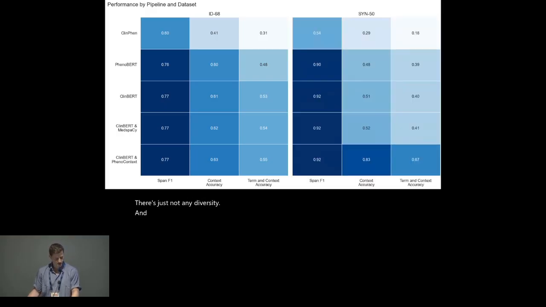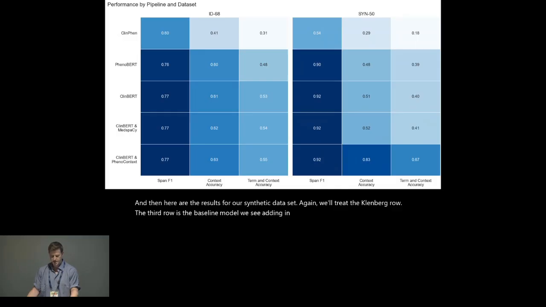And then here are the results for our synthetic data set. Again, we'll treat the ClinBERT row, the third row, as the baseline model. We see adding in the context attributes from MedSpaCy is not any better, but we do get a significant increase in performance with our PhenoContext model, with about a 32% increase in context accuracy and a 27% increase in term and context accuracy compared to the context naive models.